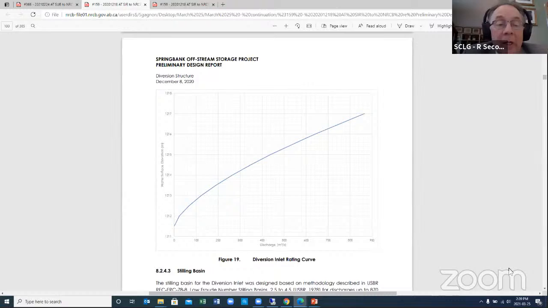Right. Mr. Manager, what happens if the diversion inlet gates are opened due to operator error, instrumentation failure, etc., when the off-stream storage reservoir is at FSL of 1210.75 meters? I'm not sure of a scenario. I don't know why you would have an unintentional operation. These are enormous structures.